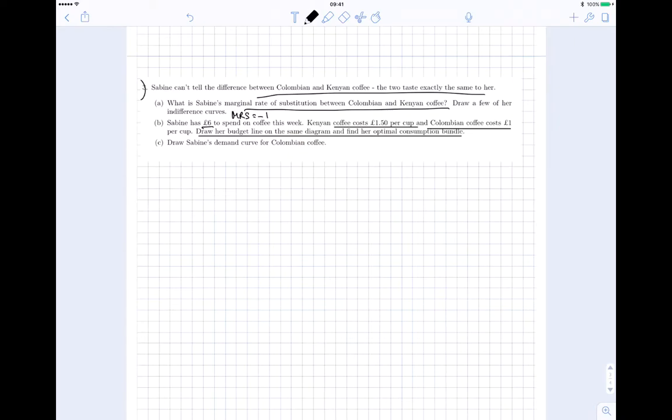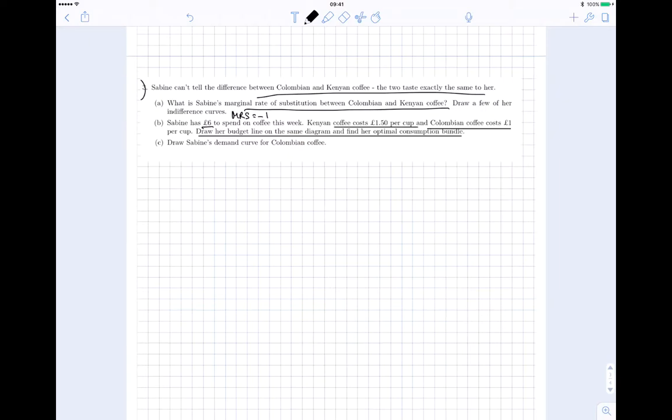Colombian coffee is cheaper than Kenyan coffee. Perfect. The MRS is equal to 1, meaning I don't distinguish between the two. Colombian coffee is cheaper, so I spend all my money on Colombian coffee. I have £6, so all those £6 will go into Colombian coffee. I don't need to draw that budget constraint. It should be relatively straightforward.